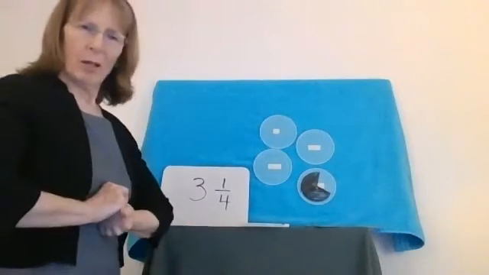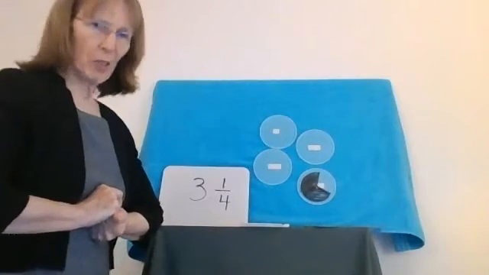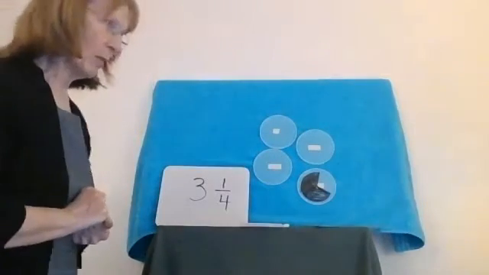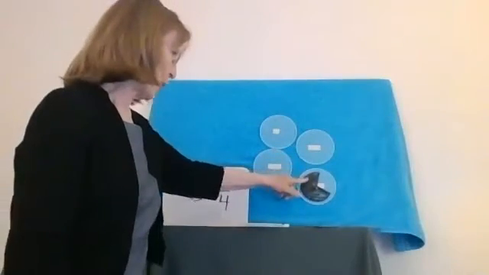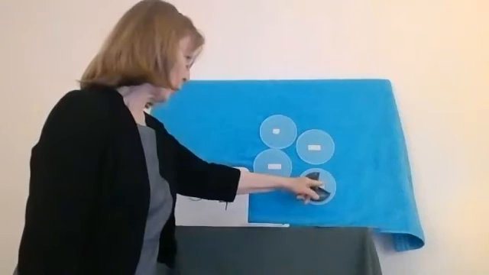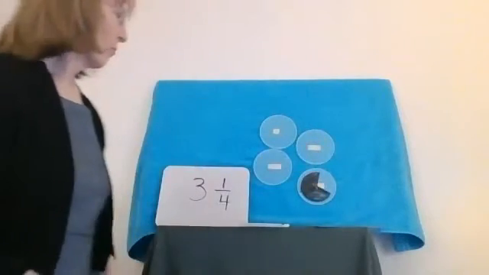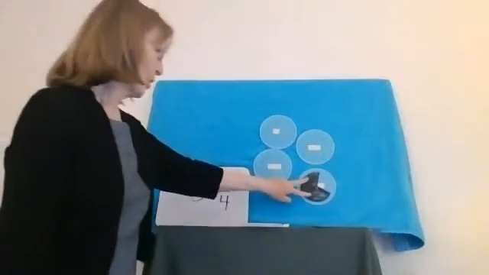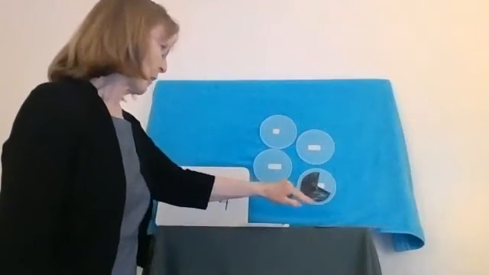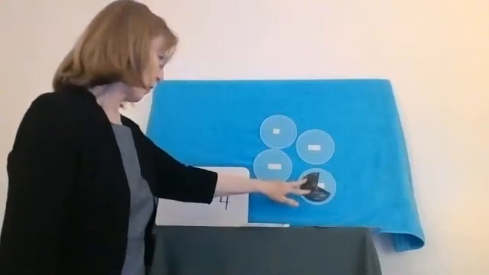So these are divided into not fourths, but thirds. So it would be 1/3, 1/3, and 1/3. But how many parts are shaded? 2. That means that 1 part is missing. 2 parts are still there.